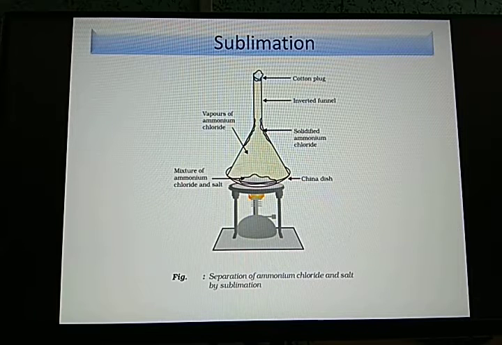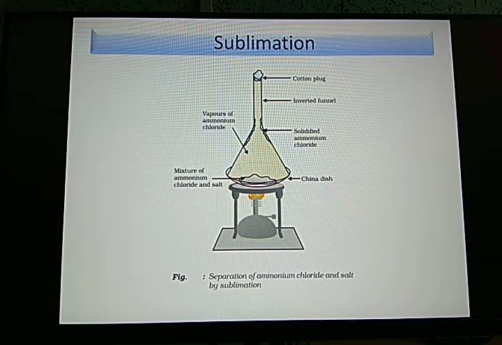In this experiment, as you can see on the screen, we have taken a mixture of ammonium chloride and salt in a china dish, and then we have put an inverted funnel over it, just like a lid. While cooking, we cover the food with a lid.